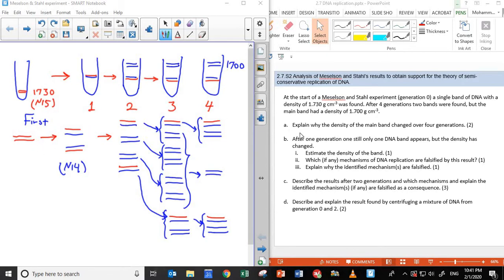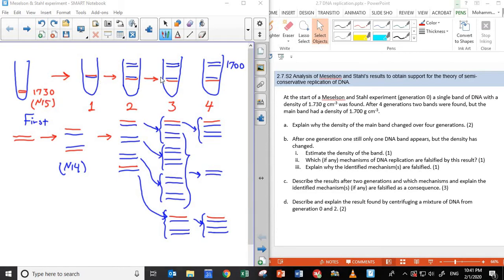The first question is, explain why the density of the main band changed over 4 generations. Here is the density. The first band, in generation 0, the density was 1.730 gram per cubic centimeter.